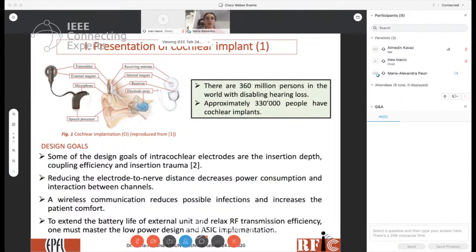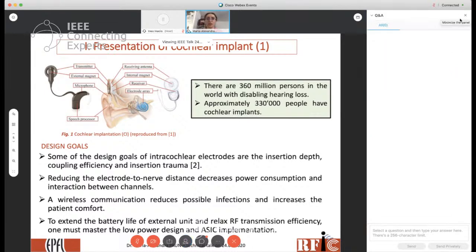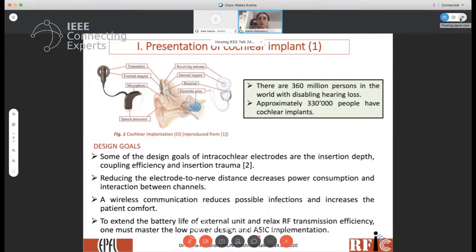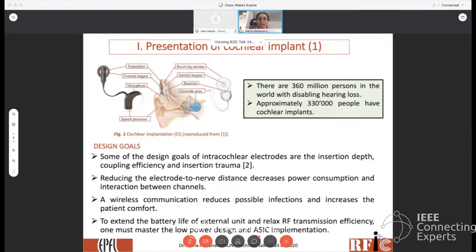Okay, so now I shall briefly talk to you about what a cochlear implant is. A cochlear implant is used by people that are suffering severe hearing loss disabilities. They have either completely lost their hearing, which might be due to a damaged auditory nerve.